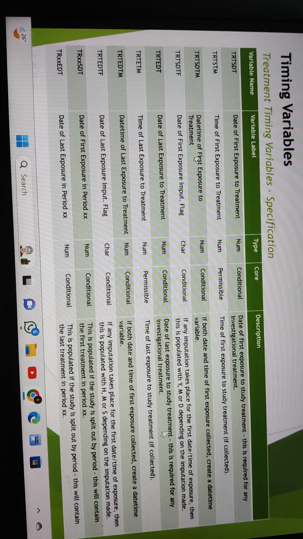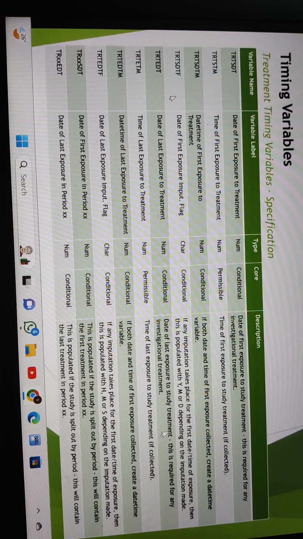Then, for example, if the treatment dates are imputed, then we have the imputation flag as well. Why? Because if it's a partial or missing date, when we impute it, we should identify which of the dates is imputed. So for that, imputation flags will also be present. This is the imputation flag date variable. So TRTSDTF is nothing but the date of first exposure imputation flag.